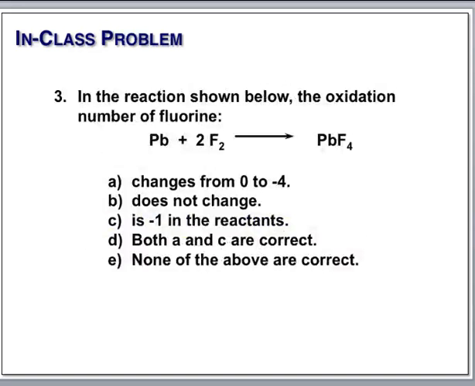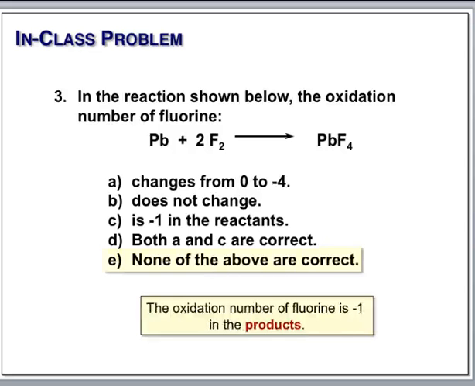Rule number 3, fluorine is always -1, right? So we've gone from 0 to -1. Changes from 0 to -4, that's silly. Does not change. -1 in the reactant, so it's 0. That's stupid. None of these are correct.